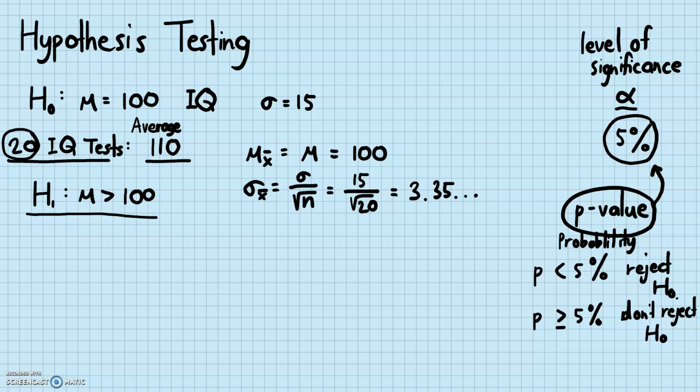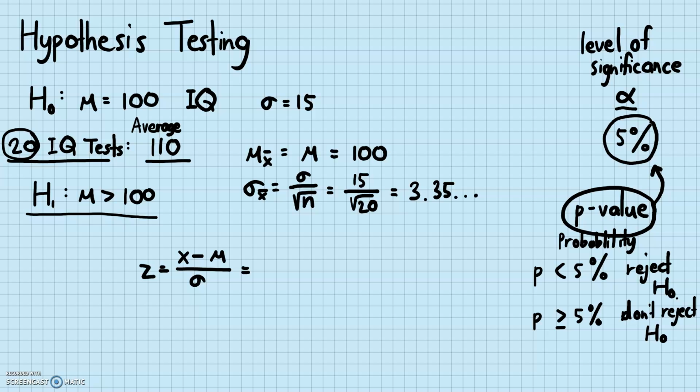Now you're using the z-score for this one. Remember, I'm writing the formula first. If you find the z-score, then you can find the probability that your IQ is 110.